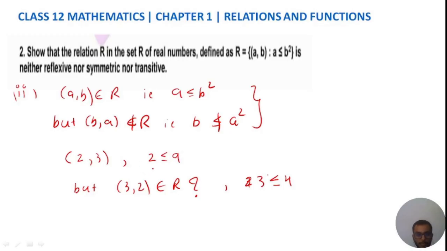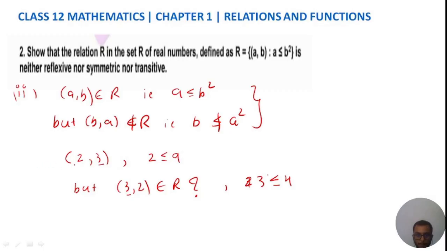I am just showing how to think of such elements. So we should pick in such a way that a is less than or equal to b square, but b is not less than or equal to a square. Let's keep b fixed, that is we are keeping b as 3.